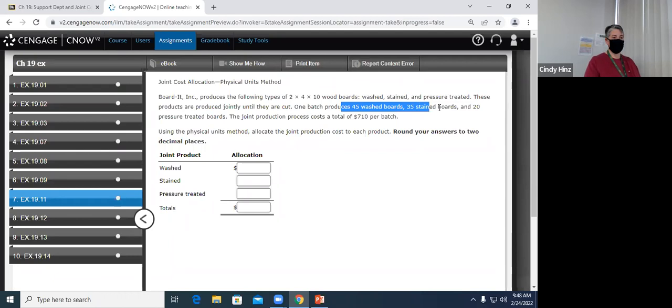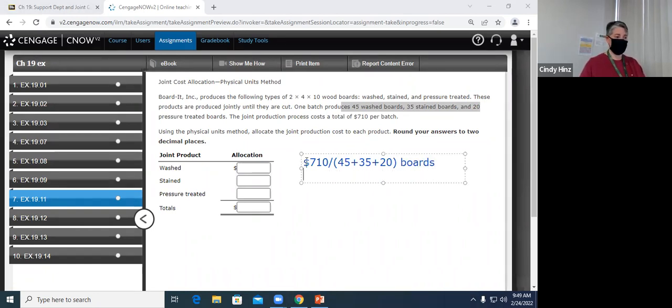And the batch produces 45 plus 35 plus 20 total boards. So we have $710 per batch, and that is for 45 plus 35 plus 20 boards.